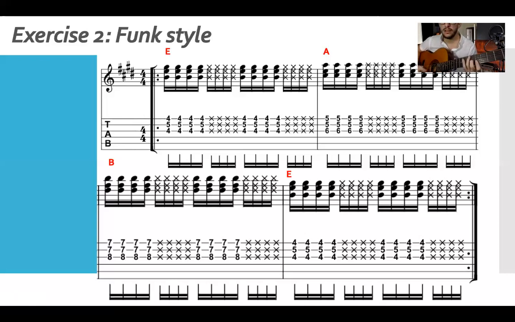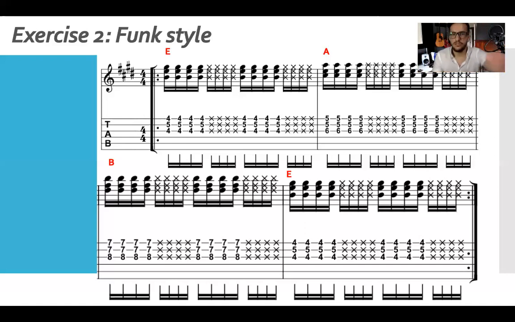I'm having the third string with my middle finger, and then I have both the second and first string with my index finger. The same thing with the B. I just slide from this position to the next. Okay? So that's going to be the second exercise.